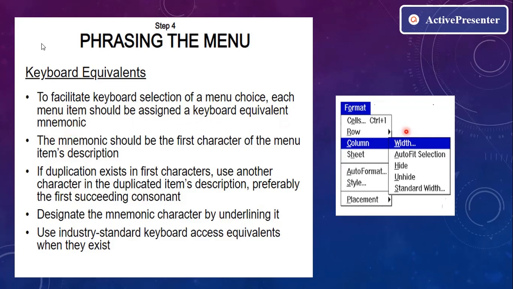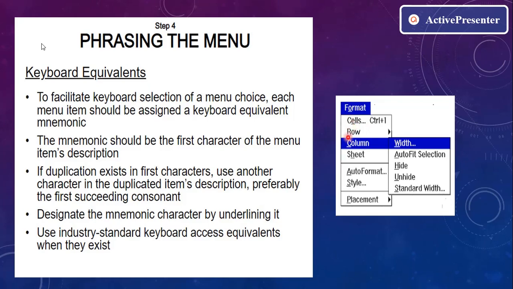So for example, if you see this particular menu, you can see that this is a menu title and for a letter O, it's being underlined. This is a keyboard equivalent. Next, if you see the choice cells, E is being underlined.